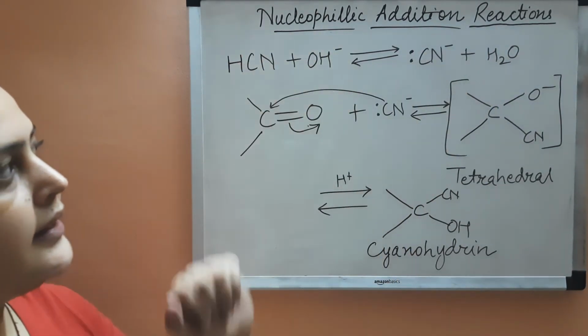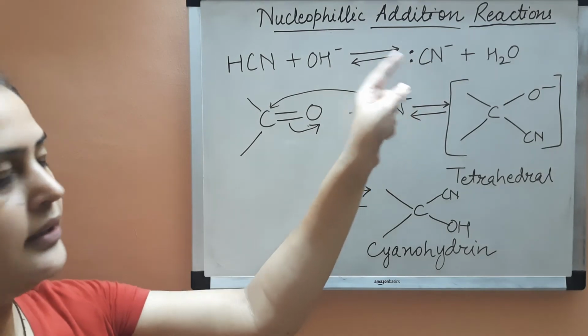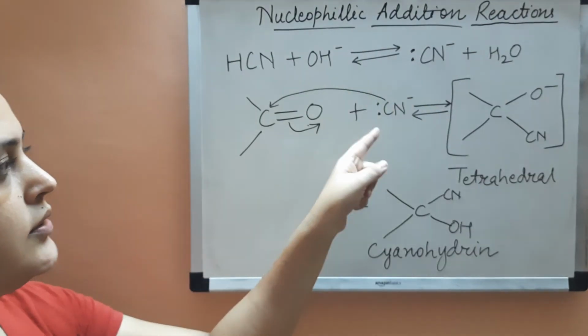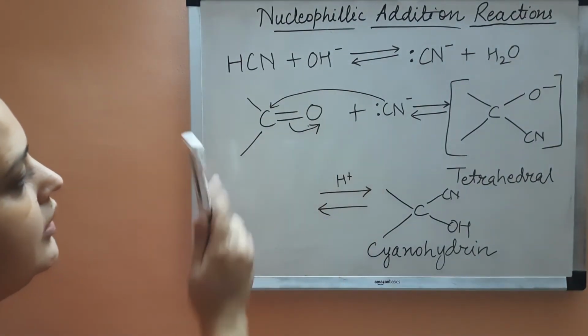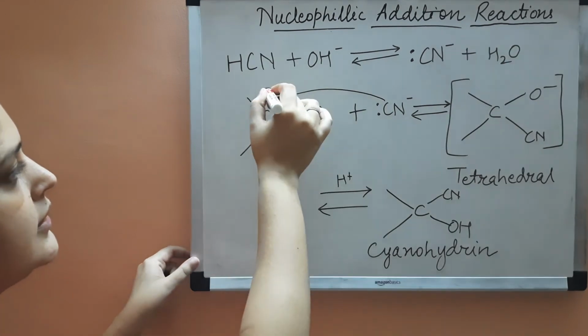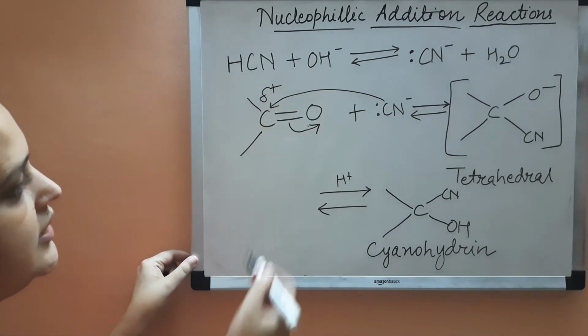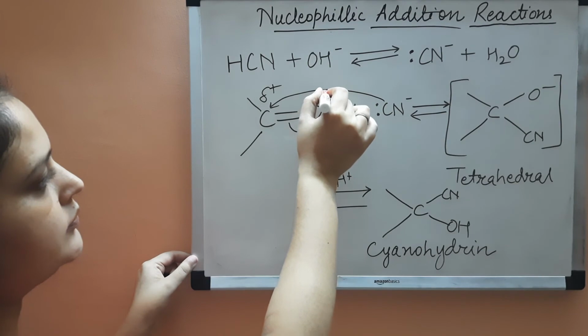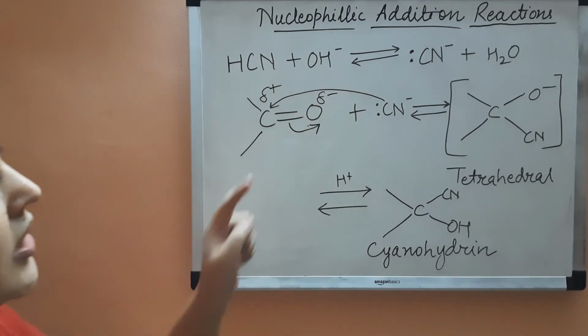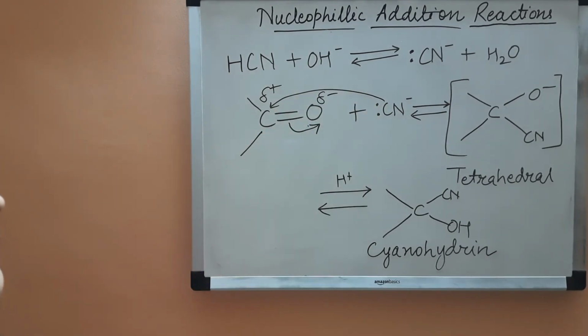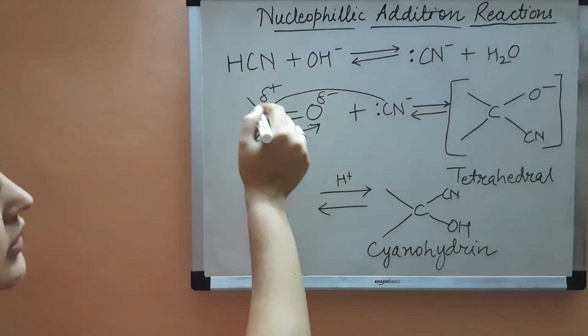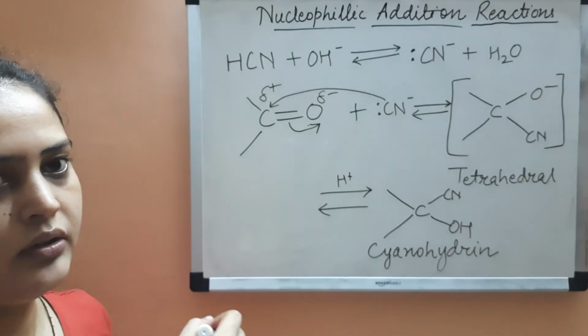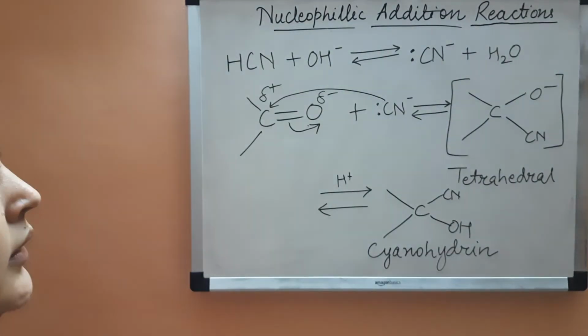The cyanide ion, CN negative ion, is our nucleophile. This nucleophile will attack the carbonyl carbon because it has partial positive charge, delta plus, and oxygen has partial negative charge, delta negative, as we have already studied in the mechanism.